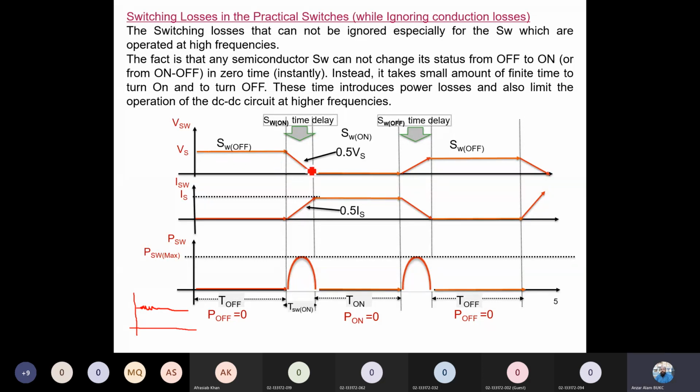On time, you have this, this is the on time and this is the off time. We should not use the word off time and on time here, rather here we have transition time.